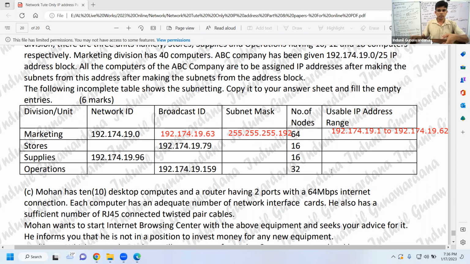That's the last one. So 192.174.19.65 to 192.174.19.94.